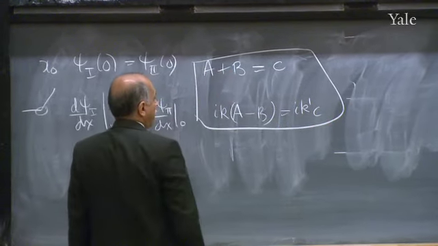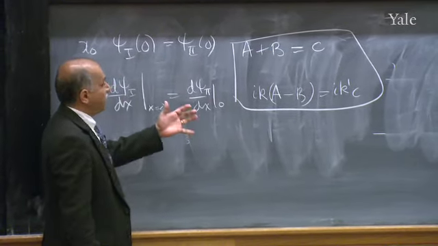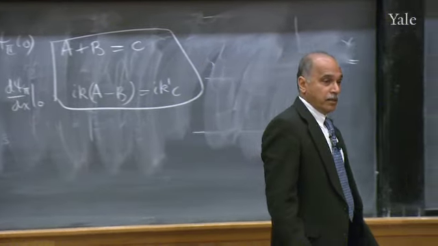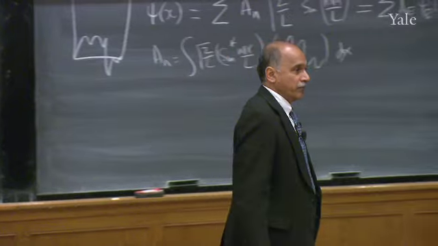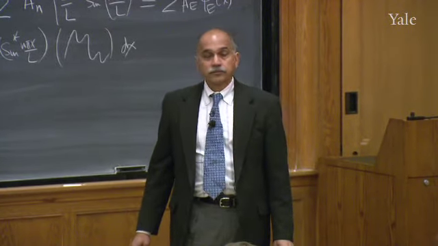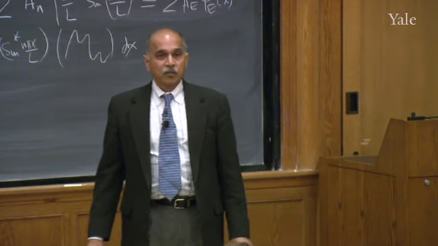Now, what causes mild panic is that I have three unknowns and two equations, because I have a, b, and c, and only two equations. So what do you think is going on? Anybody have an idea?